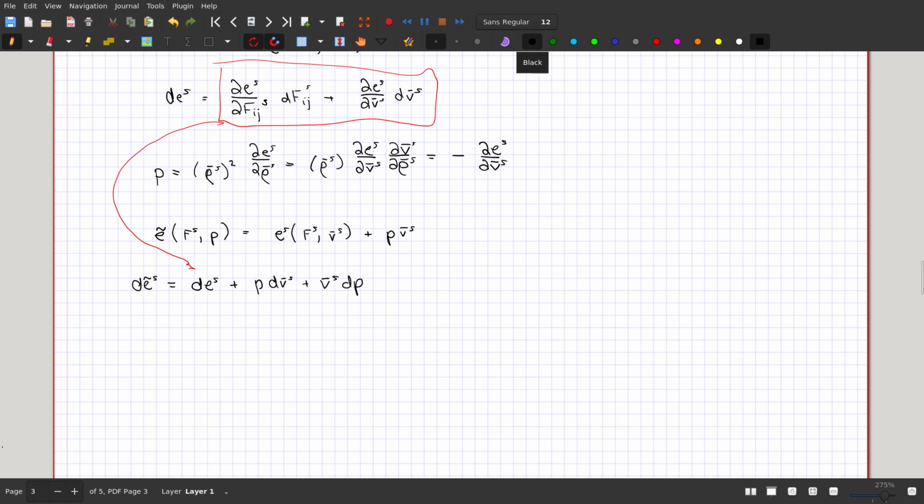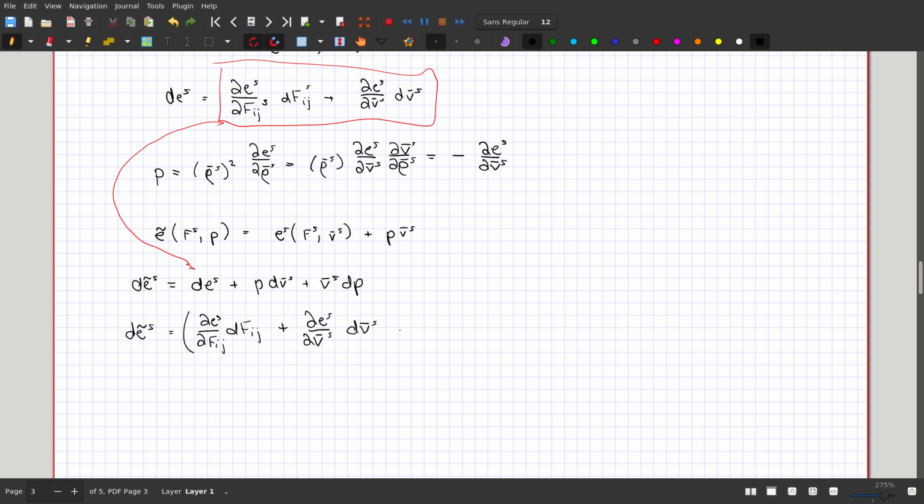So we get dE tilde of S is equal to partial E partial F_ij dF_ij plus partial E_S partial V_S dV bar S.